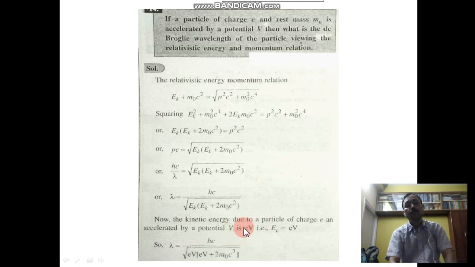So Ek becomes E into V. So lambda is equal to hc by root over E into V, where E is the charge of the particle and V is the applied potential, into again Ek, that means E into V plus 2 m naught c square. So these two problems are almost the same, the only change is that the particle is subjected to a potential V and the charge of the particle is E.